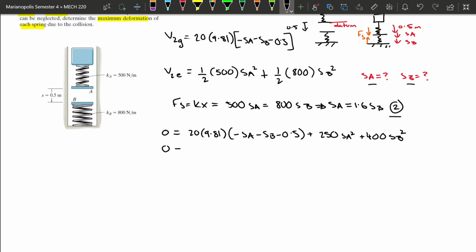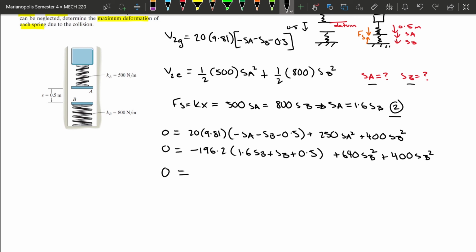I'm going to take out the negative here, so I'm just going to have minus 196.2, and I'm going to plug in my SA and SB: 1.6 SB plus SB plus 0.5. And plugging in SA equals 1.6 SB here, I have plus 640 SB squared plus 400 SB squared.